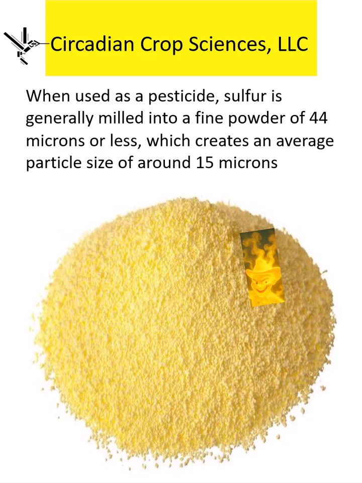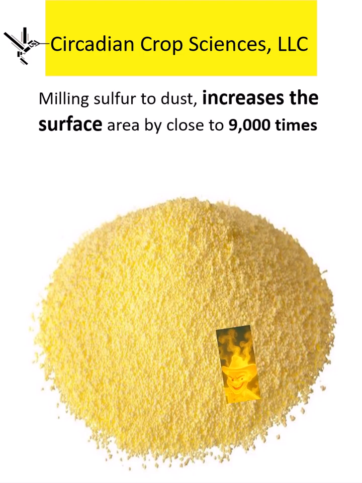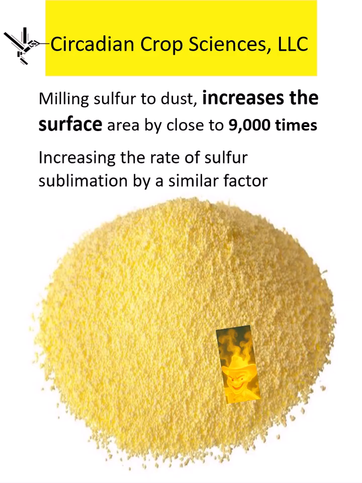When used as a pesticide, sulfur is generally milled into a fine powder of 44 microns or less, which creates an average particle size of around 15 microns. Milling sulfur to a dust increases the surface area by close to 9,000 times, increasing the rate of sulfur sublimation by a similar factor.